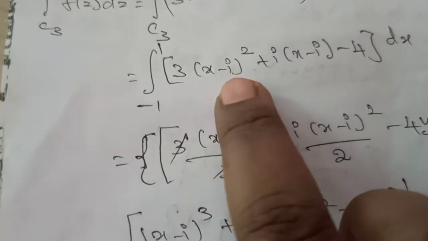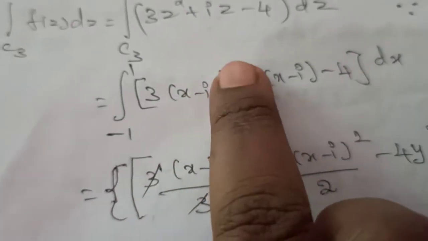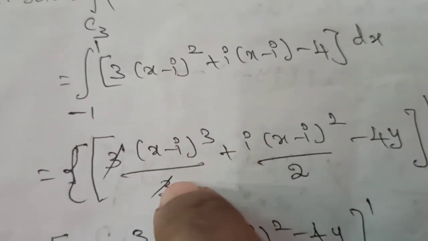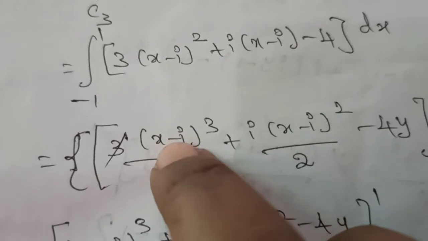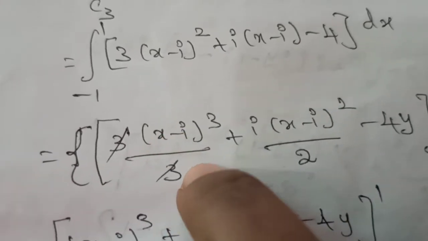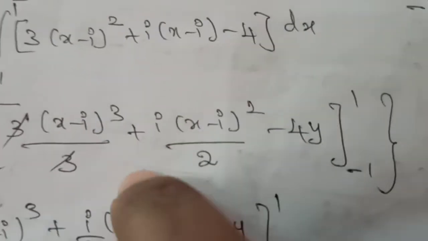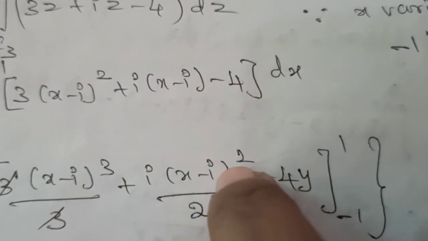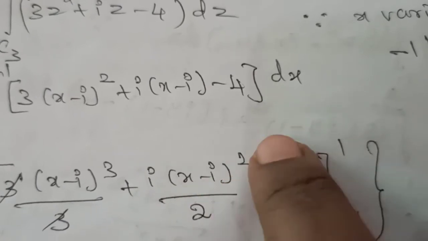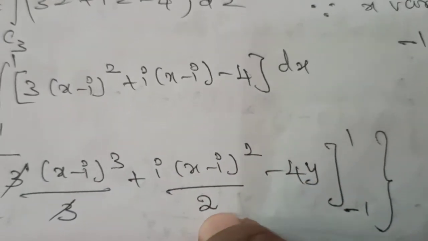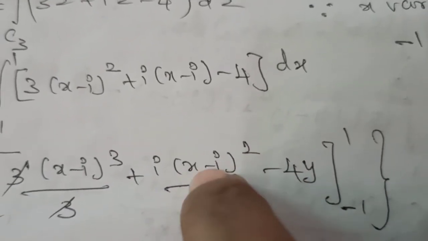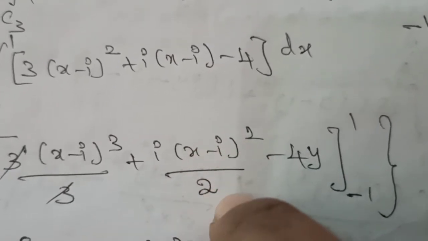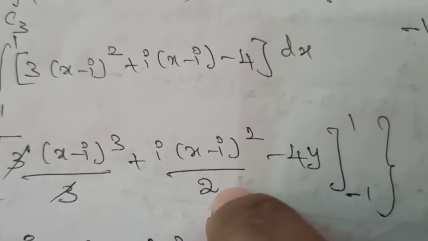Now to integrate this value, 3 into the integration of x minus i the whole square is x minus i the whole cube divided by 3. Again differentiating this value becomes 1. So 3 into 1 you can write the 3, plus i into x minus the integration of x minus i into dx value, you can write the answer x minus i the whole square divided by 2 into, now again differentiating inside the value, 1 minus 0, that is you can write 2 into 1, I can write the 2.